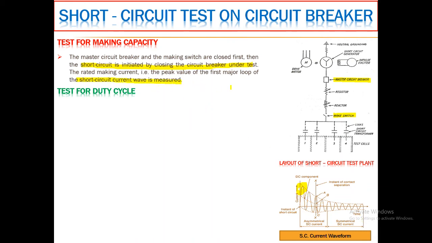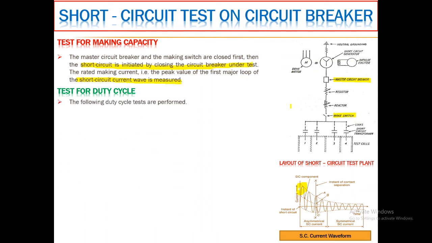While performing the making capacity test, the expectation is that the circuit breaker contacts must remain in a closed condition. So the short circuit current is allowed to flow by closing the circuit breaker under test, so that one can easily evaluate the making capacity of the circuit breaker.